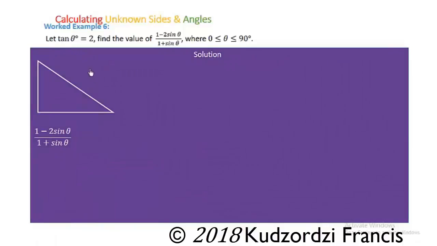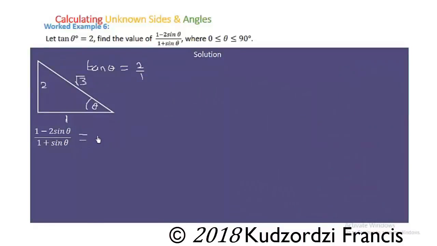So we have tan theta is equal to 2, which will be the same as 2 over 1. So if this is our theta, then this is our opposite, and this is our adjacent. Then we can use Pythagoras theorem to find the hypotenuse to be root 3 units.